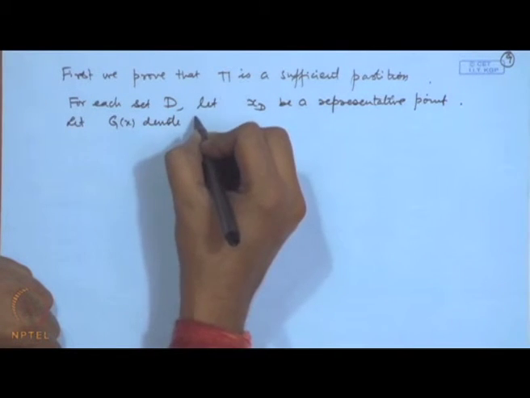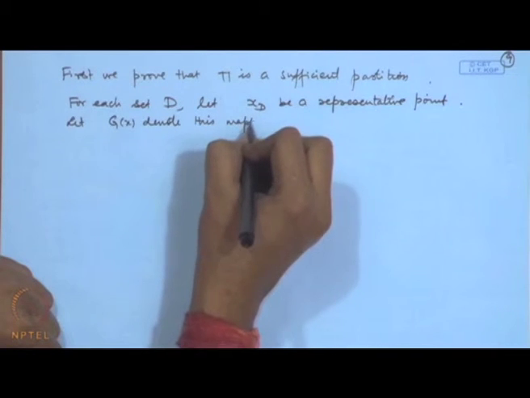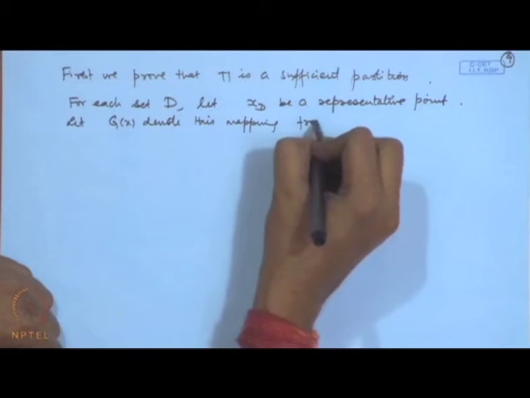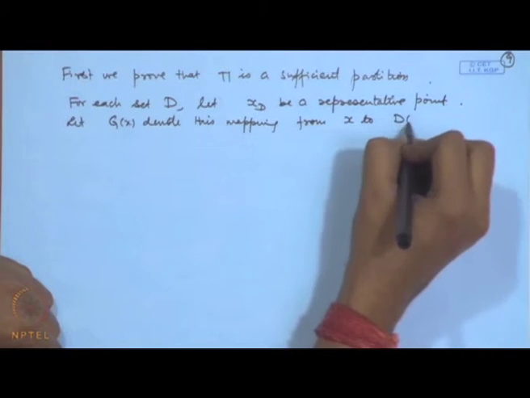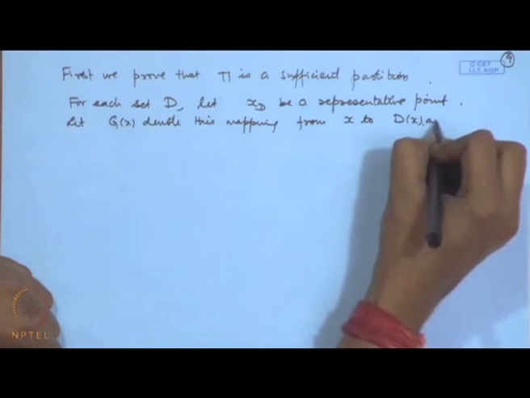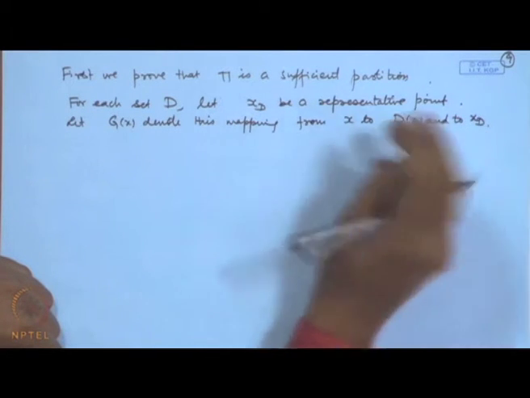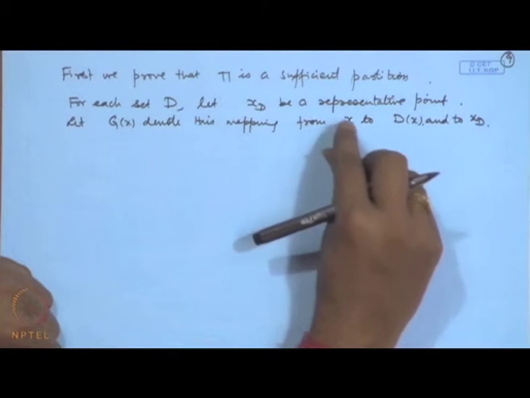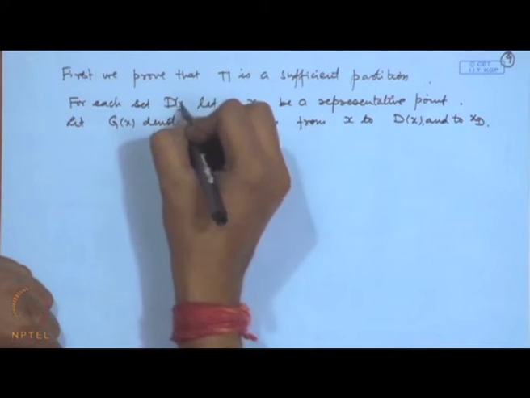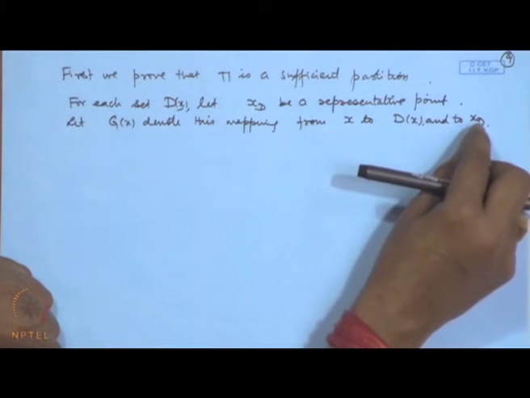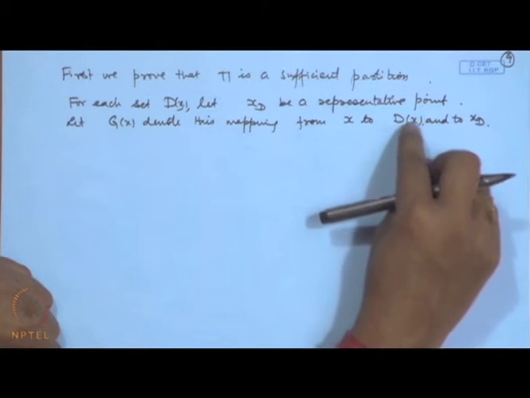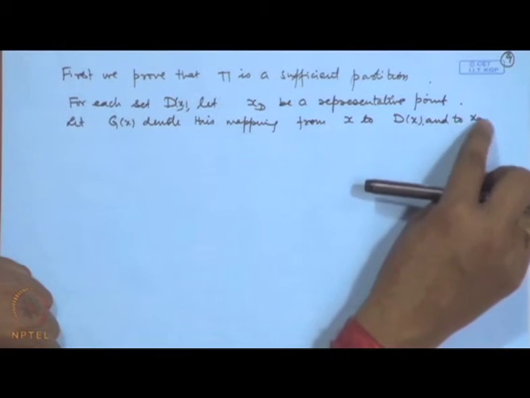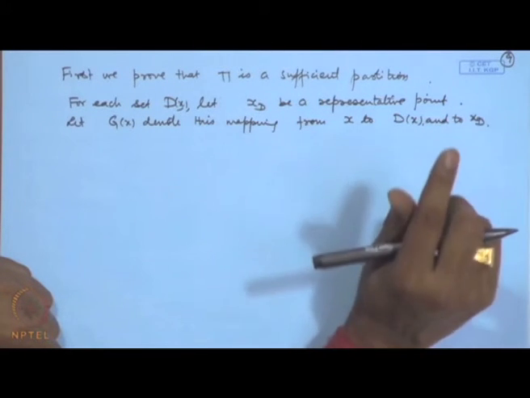So, let G(x) denote this mapping from x to D(x) and to x_D. So, for a given point x we have the set D(x) and then I am choosing a representative point x_D of that set. That means, in this set D(x) all the points are equivalent to each other and I specify one point x_D there.